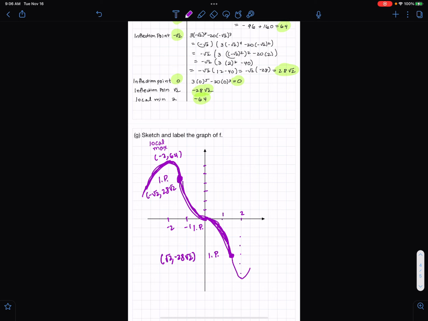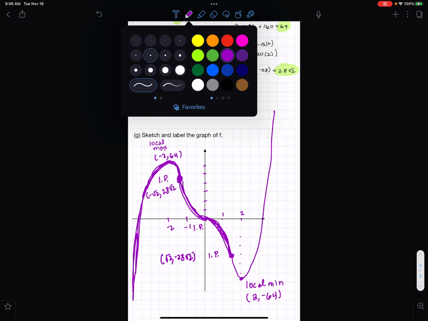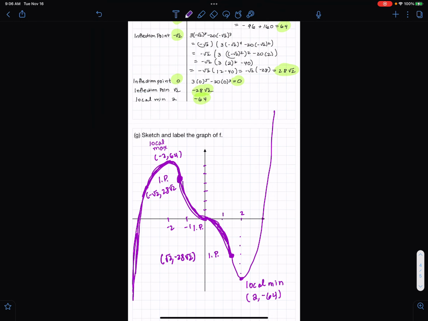All right, then it goes concave up. And also we want the polynomial to just keep going. So this is our local min, which is at 2, negative 64. And now, I feel like the way of drawing is maybe what I learned when I took an art class like 100 years ago, when I was a young guy.